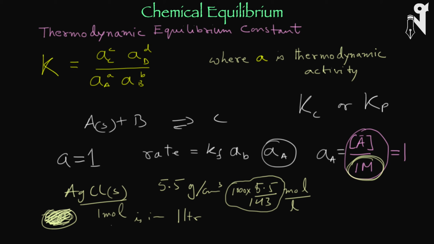That is impossible. 1 liter of AgCl will have so many moles no matter what, because the density is a constant. So those many moles per liter would be the standard form. So that is what is going to figure here also. So all the time the concentration of AgCl with respect to its standard concentration would be the same. So the activity is going to be 1.